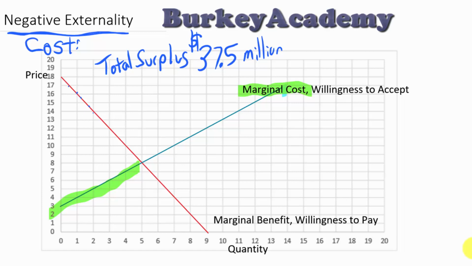So they're the things that cost a business more when they produce more units. Now, in this case, though, what we're going to be focusing on is the idea that these marginal costs are only the private marginal costs, the ones that are the cost to the business itself. And these costs that are represented by this blue line do not include the external cost.